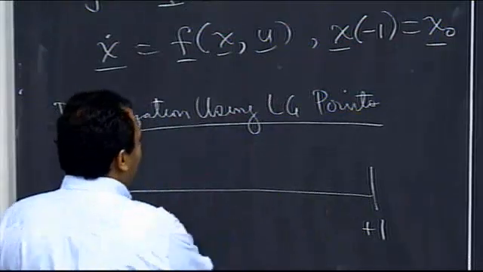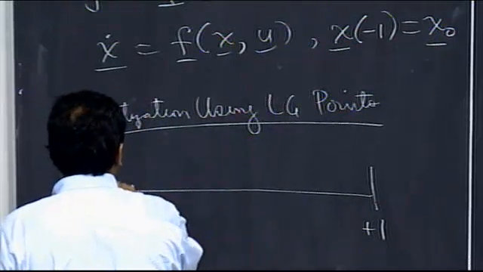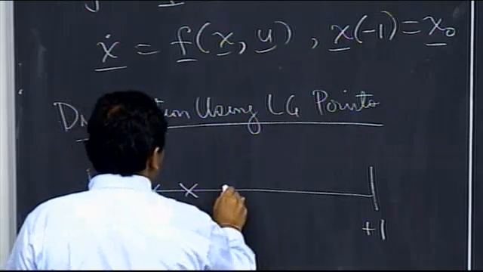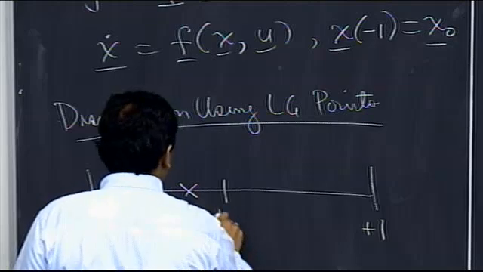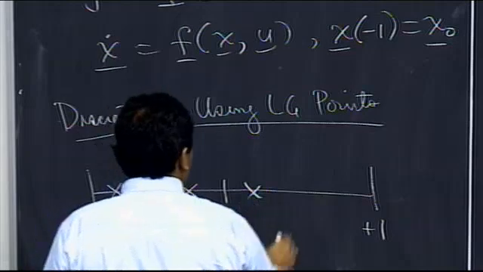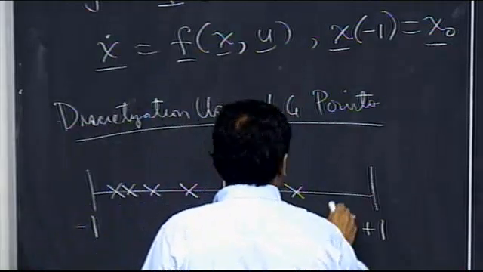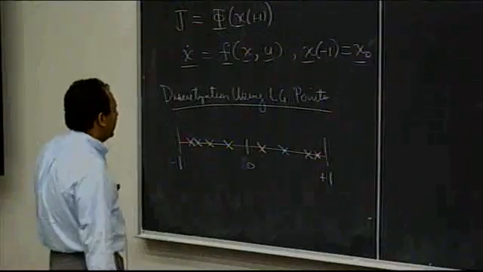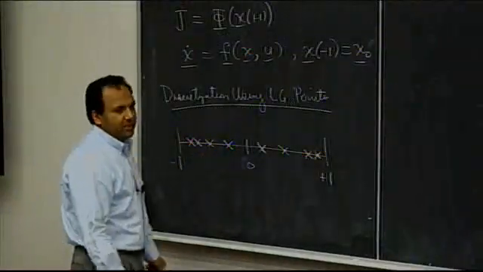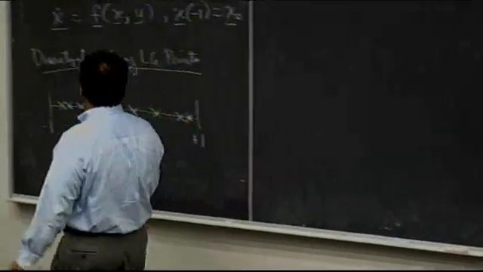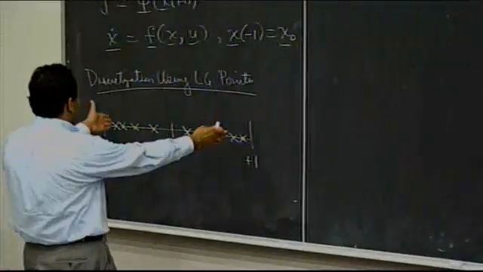If you look on the interval -1 to 1, the Gauss points look like this. They cluster. This is tau equals 0. I'm doing this for some set of points. I did it for an even set of points. If you do an even set of points, there are no points at the origin. If you do it for an odd set of points, then the middle point is actually always at the origin because they're symmetric.